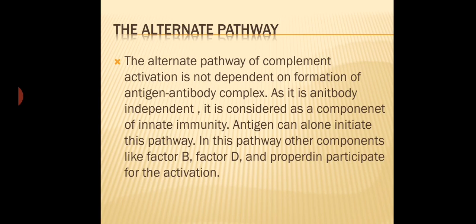Now we are studying the alternate pathway for complement activation. So what are the features of the alternate pathway for complement activation? This pathway is not dependent upon formation of antigen antibody complex. So there is no necessity to form antigen antibody complex, as it is antibody independent, meaning it is not depending upon the antibody.